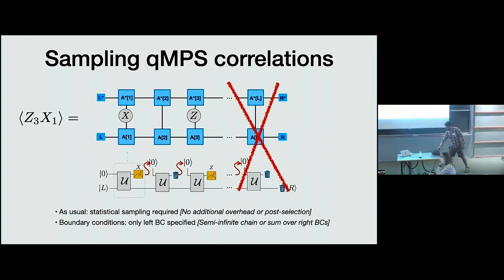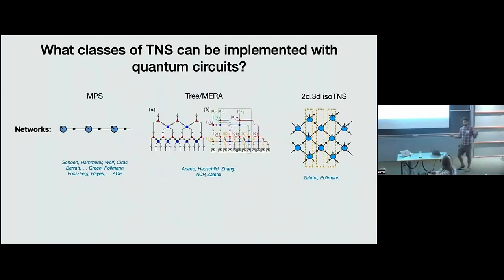Okay, so a natural question is, what sort of tensor networks can we represent in this way? Well, I've shown you how to make a 1D matrix product state. It turns out you can also do a similar thing if you have a tree tensor network or a MERA tensor network, which are nice for describing critical states. The elements in here are already either unitaries or isometries, so they're natural for implementing on a quantum device.